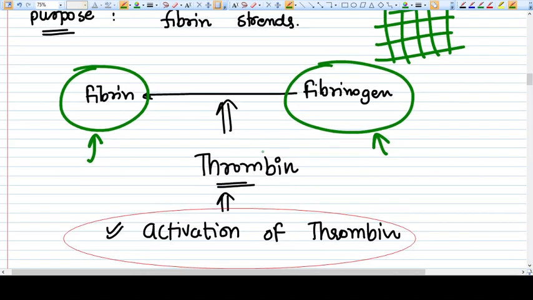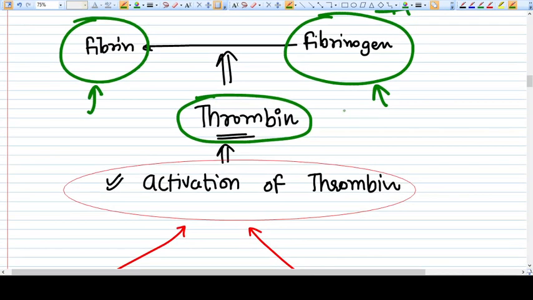Now there is a thing called thrombin, which will convert the fibrinogen into fibrin. So thrombin is the mainstay. The formation of thrombin is the main thing when we talk about the coagulation cascade.